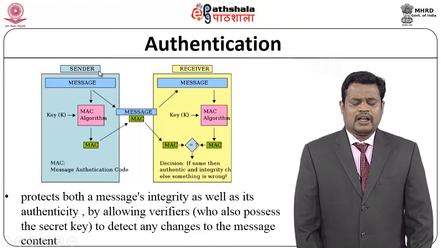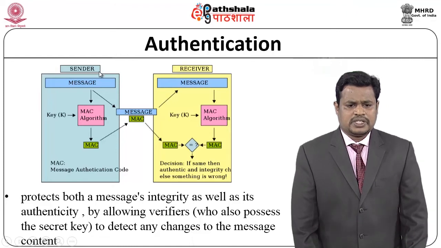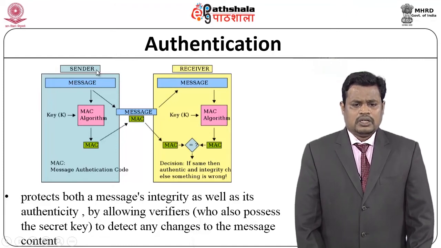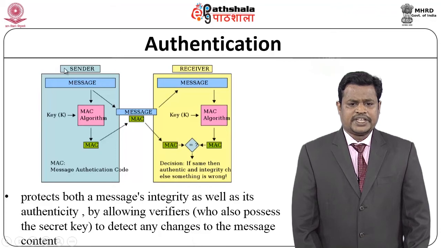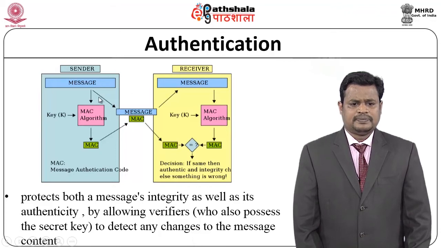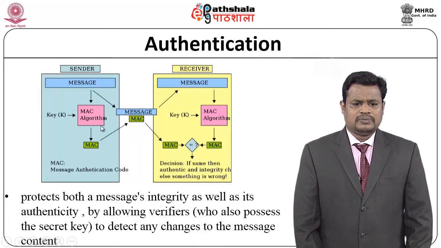So how exactly the authentication is going to happen in this scenario: two persons are participating in the communication, sender and receiver, where they want to send a message M. They will choose the MAC algorithm, and also decide what key they are going to use.